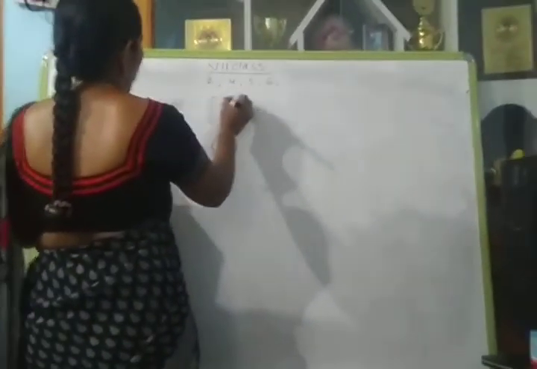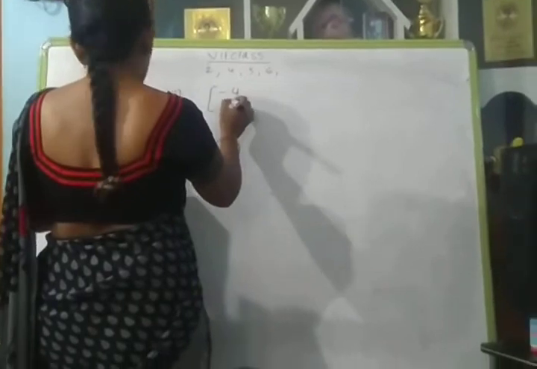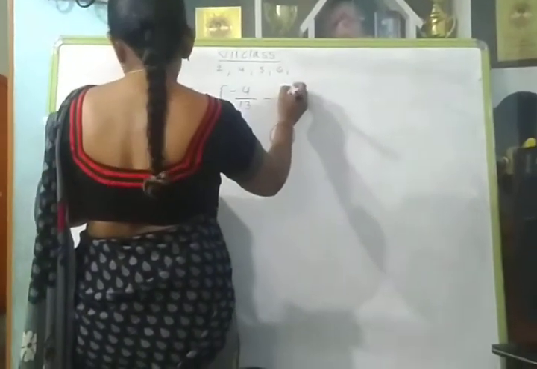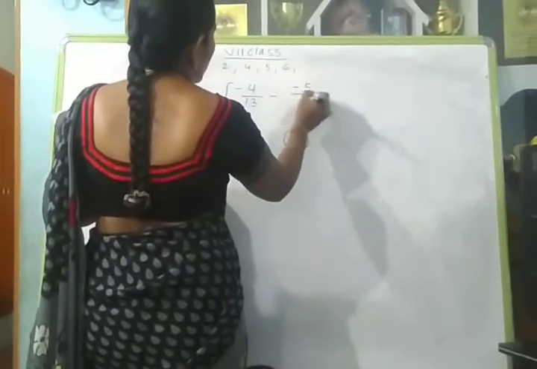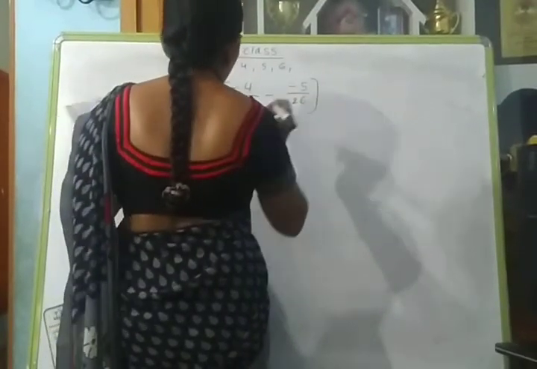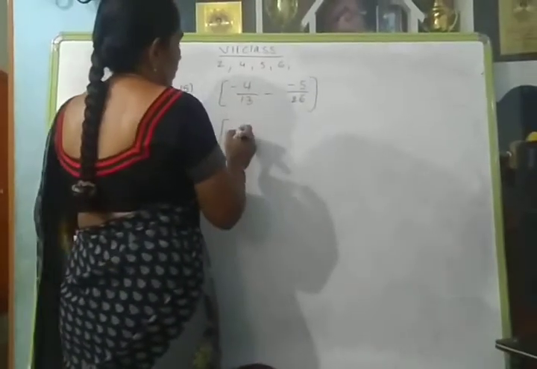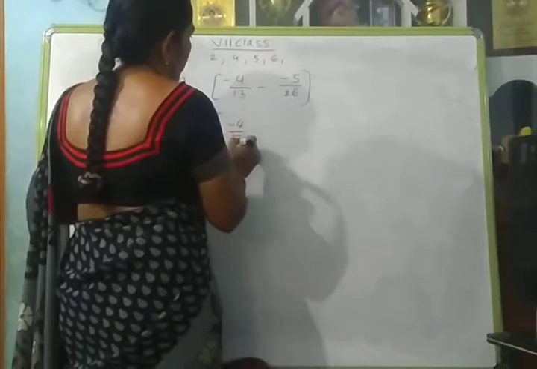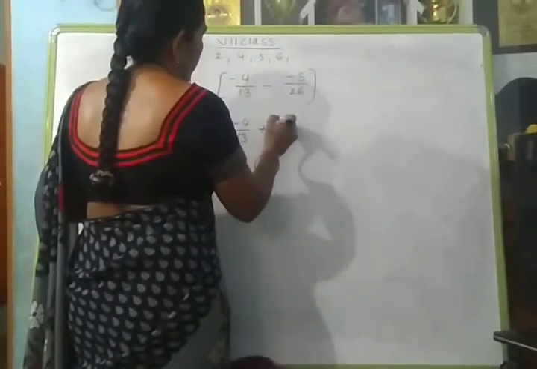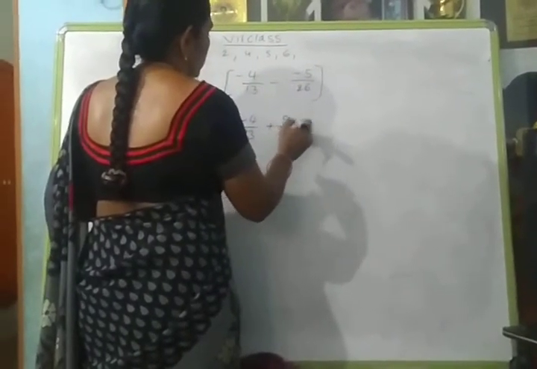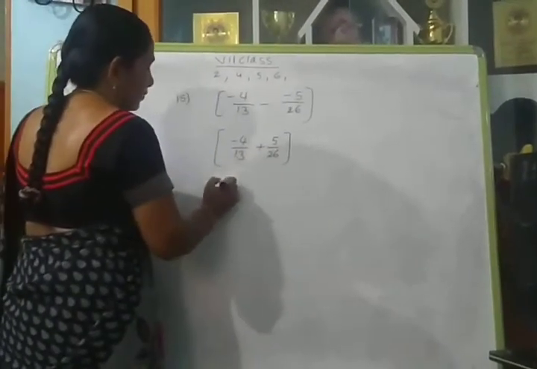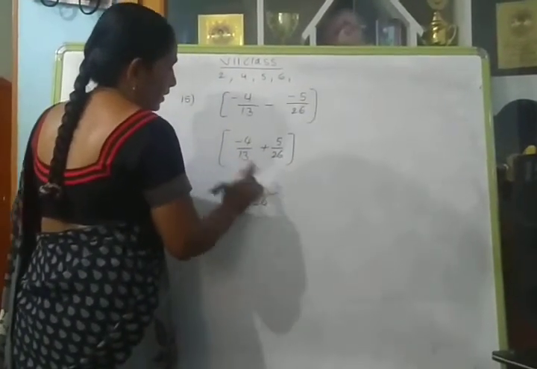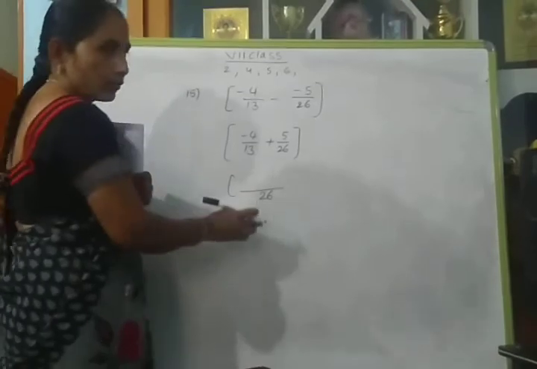Next, 15th one. Look at 15th one. Additive inverse of minus 4 by 13 minus of minus 5 by 26. See here. Minus 4 by 13. Here minus into minus signs multiplication, plus we will get. So what is LCM? 26. Why? Because 26 is multiple of 13.